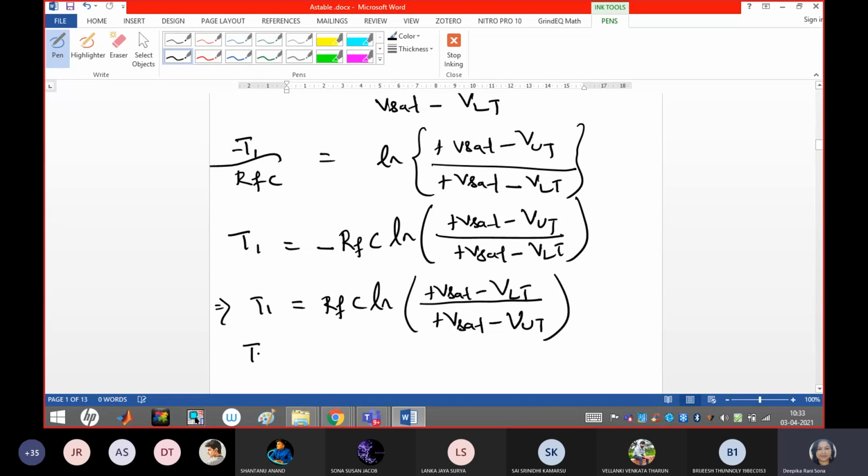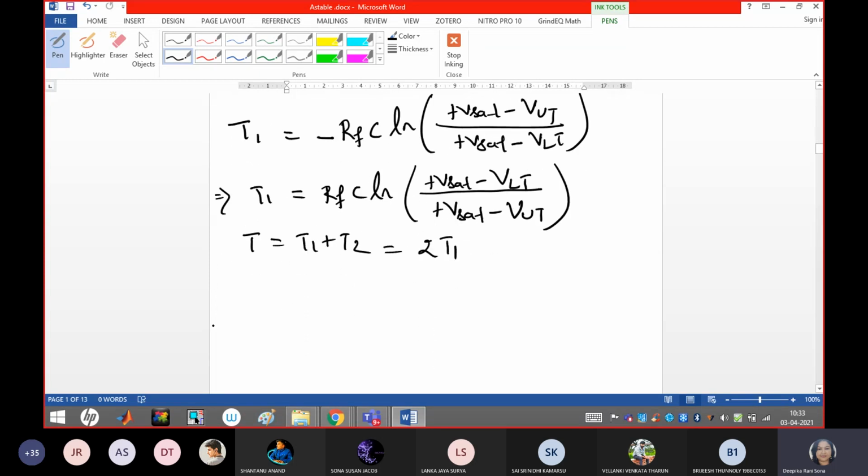But we know that T equal to T1 plus T2. It means twice of T1 if I take, then only I may get the total time period. So what should be the equation for the time period? T can be written as 2 into RFC ln, plus Vsat minus Vlt over plus Vsat minus Vut.